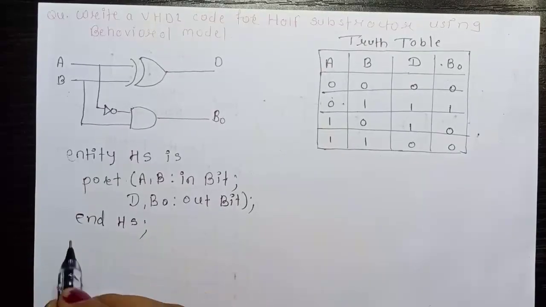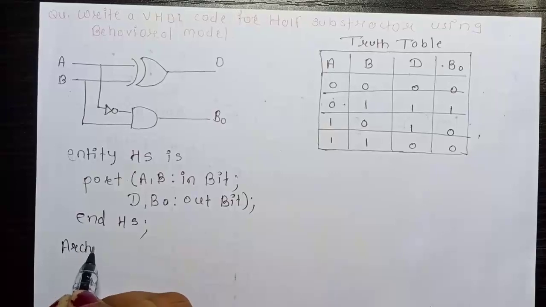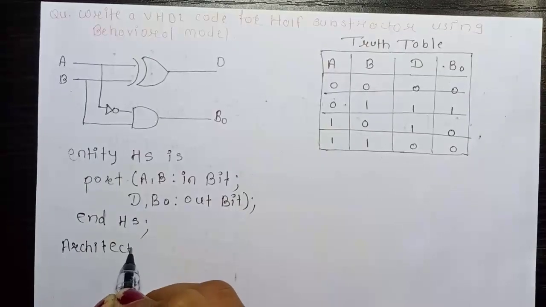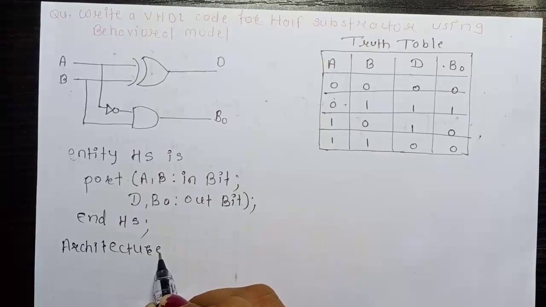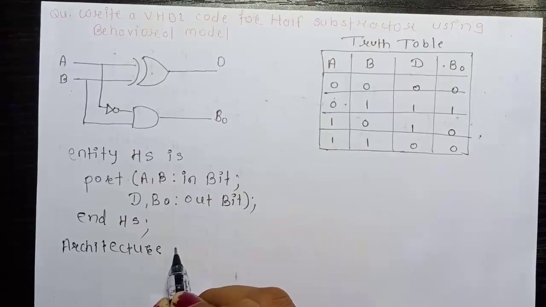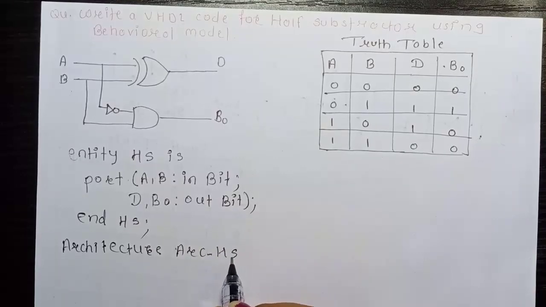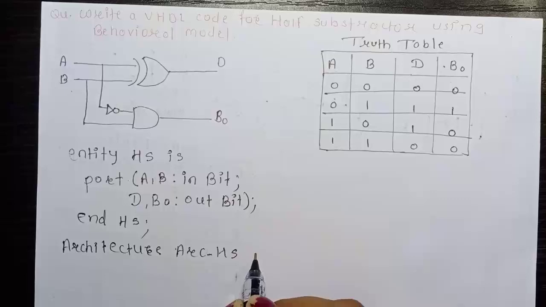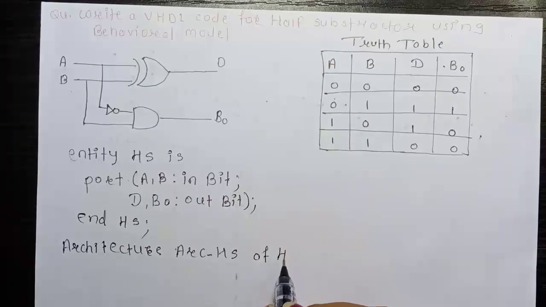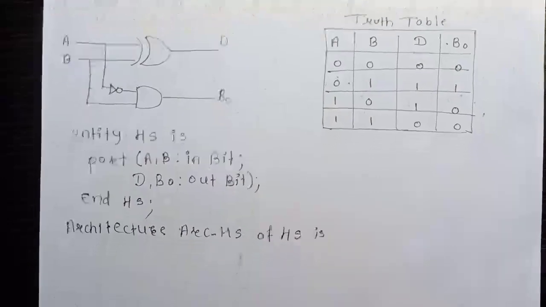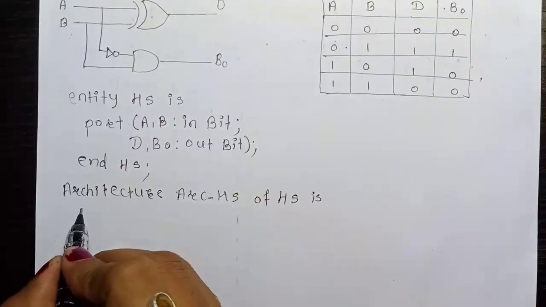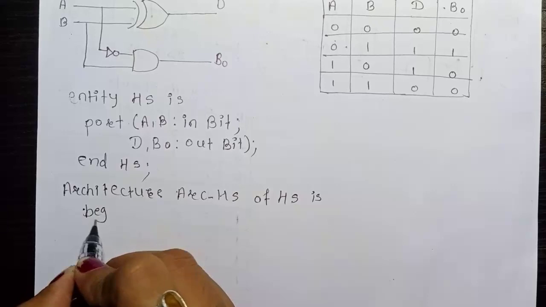Okay, now the most important part is the architecture. In the architecture part, we have to write our code for half subtractor. So architecture, then name of architecture. Here I specified the name of my architecture is arc underscore half subtractor, of the entity half subtractor, is begin.